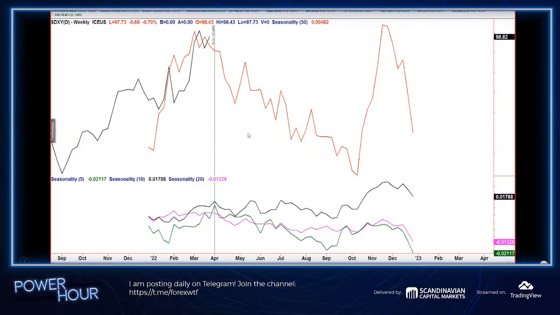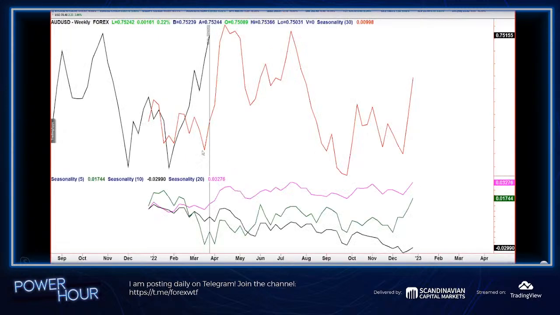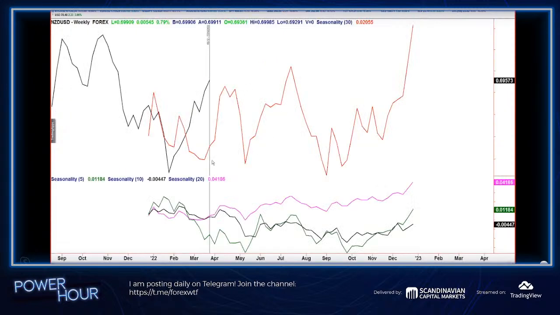Okay, so that's DXY. Here's cable, for example. You can see the seasonals actually have been great with British pound. Aussie, same deal. Kiwi, same deal.